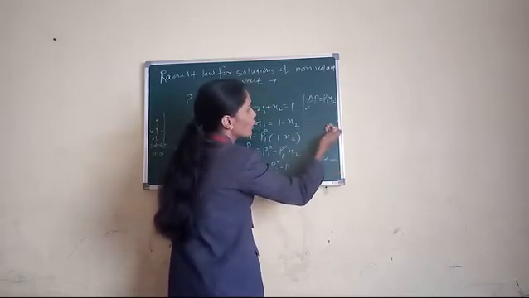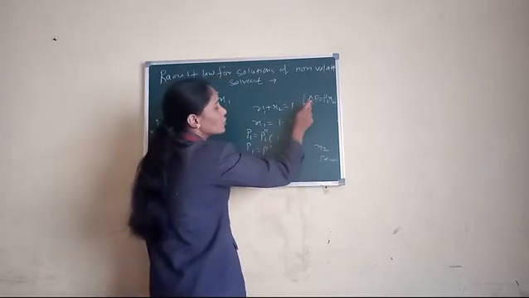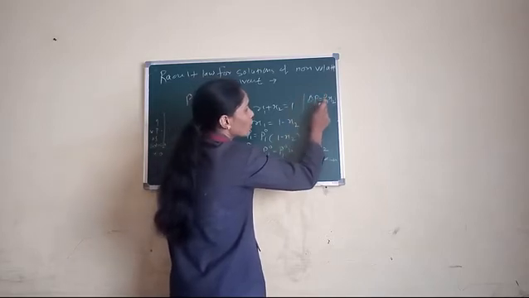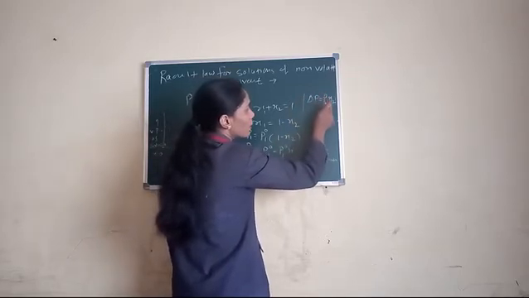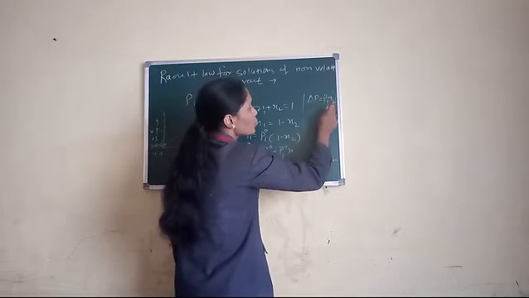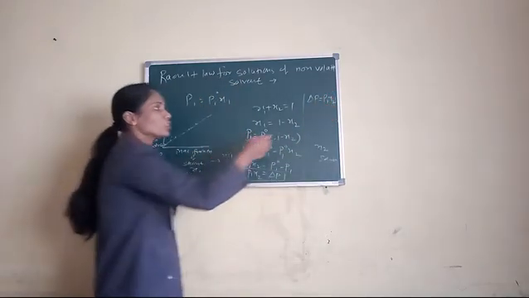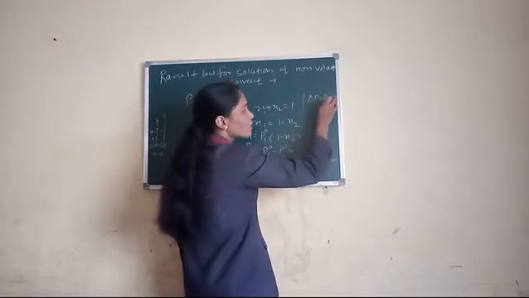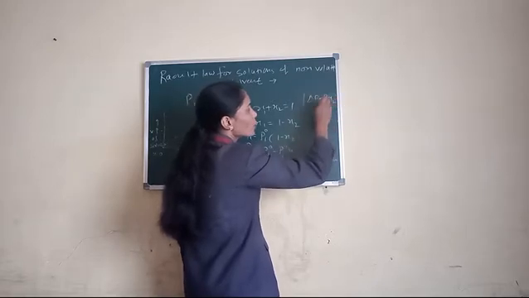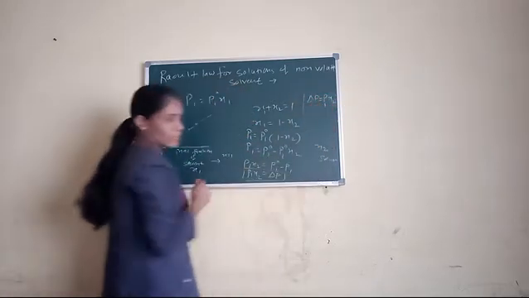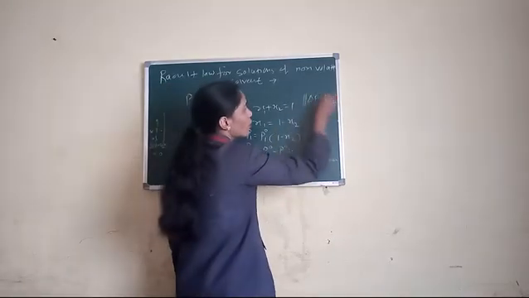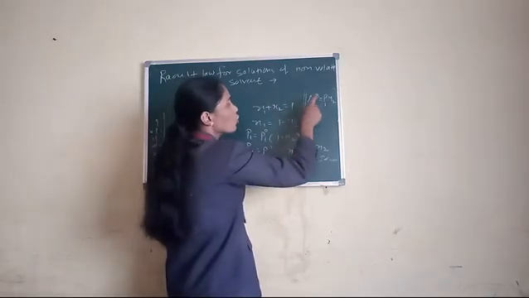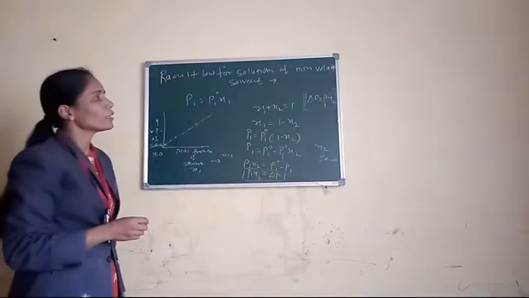Delta P, the change in pressure, is the vapor pressure of the pure solvent multiplied by X2, the mole fraction of solute. That is, after addition of solute to the solution, the vapor pressure decreases. By this formula it is proved that the lowering of vapor pressure is a colligative property.